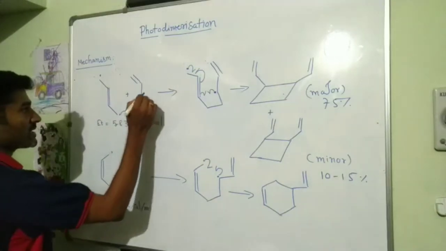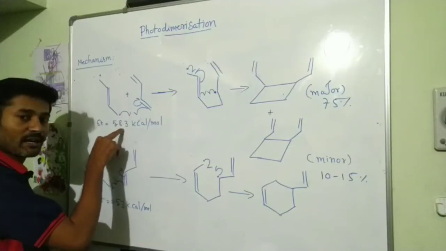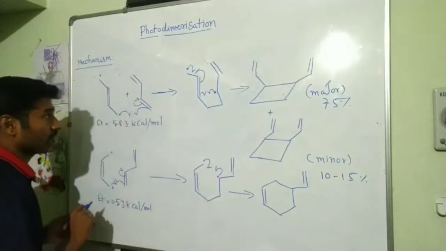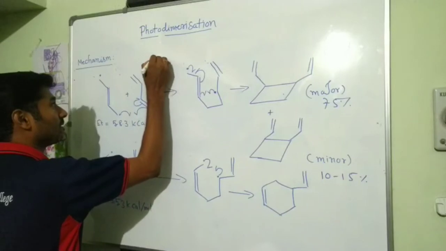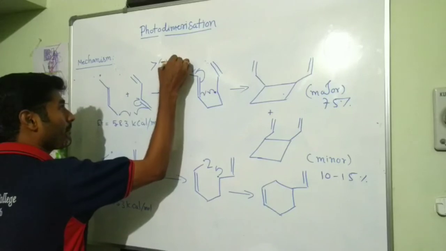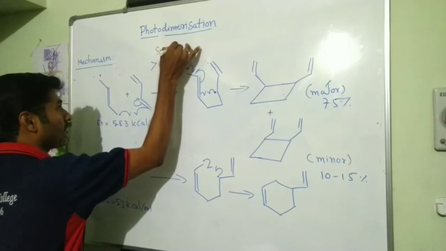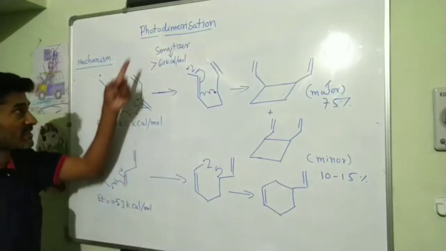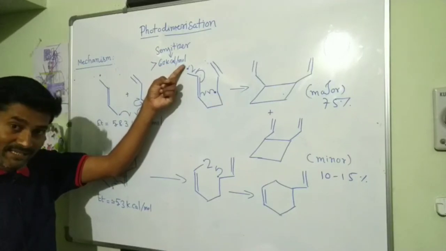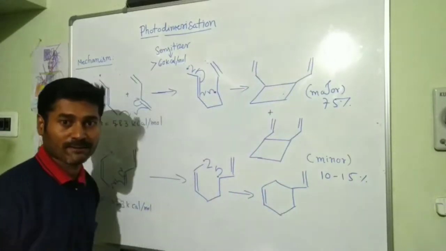If you take a sensitizer with greater than 60 kilocalorie per mole energy, then you will get disubstituted cyclobutane as the major product.